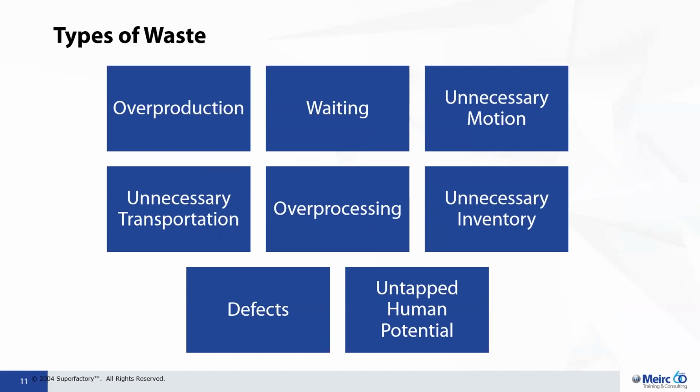Whether it's over-processing, a defect or a rework, all of these activities will result in an increased activity where we have to correct something, where we waste time, and then we don't get what we want.